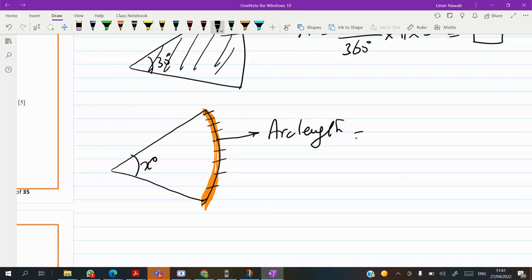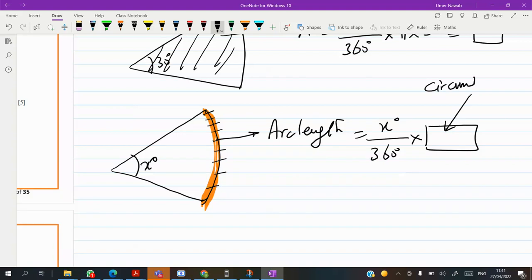This angle is x, so we write x over 360. But this time, don't multiply with the area of a circle. You need to multiply with the circumference of a circle. What is the circumference of a circle? The perimeter of a circle, or the outer boundary length of a circle, is called the circumference. So the circumference is equal to 2 pi r.